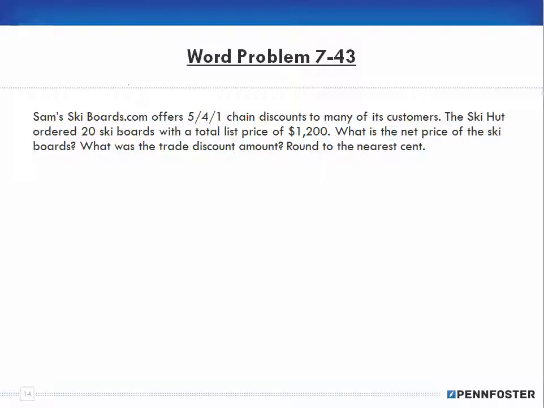Okay, so in looking at this problem, the first thing that came to my mind is, I have a 5-for-1 chain discount, which means 95% times 4% times 1%.